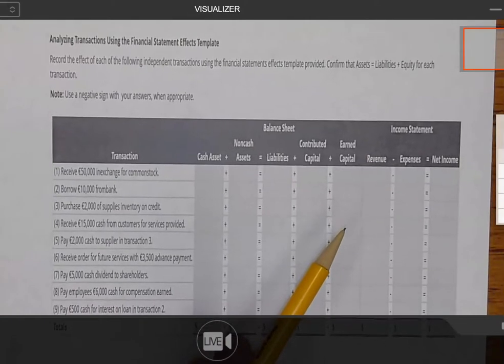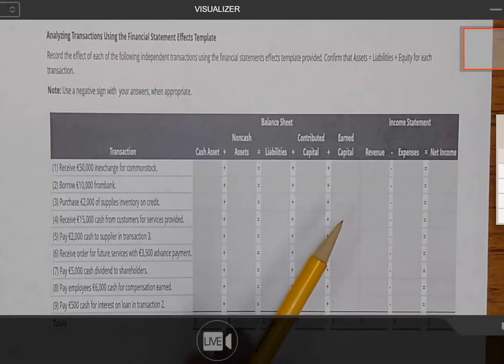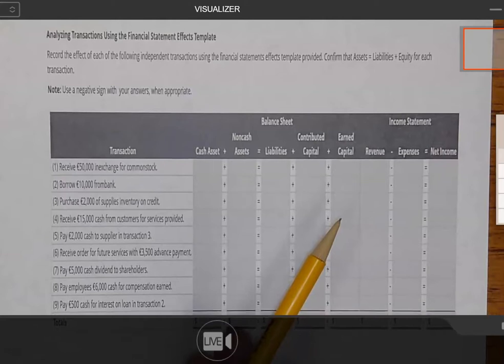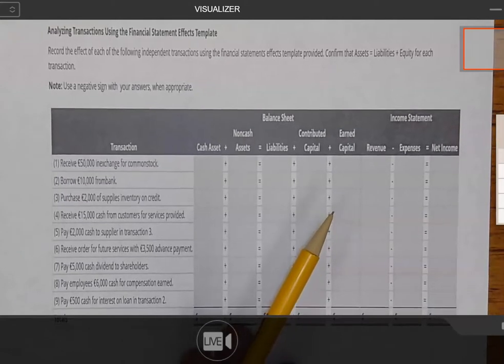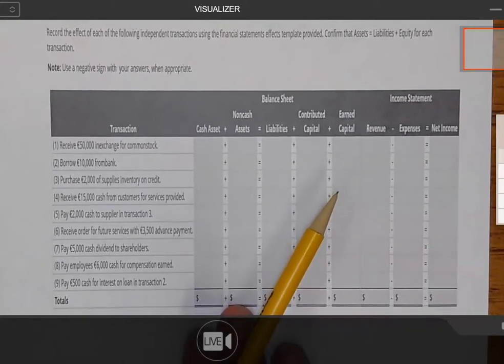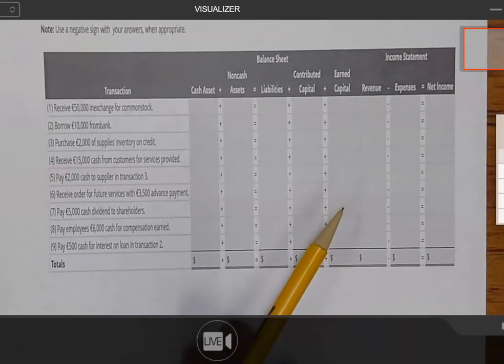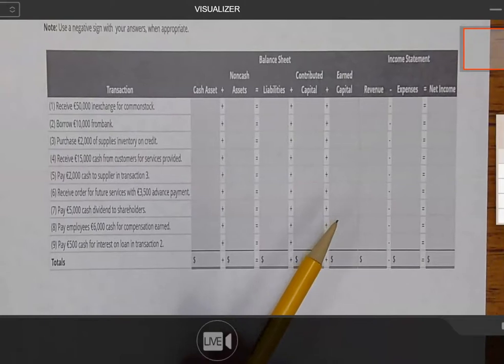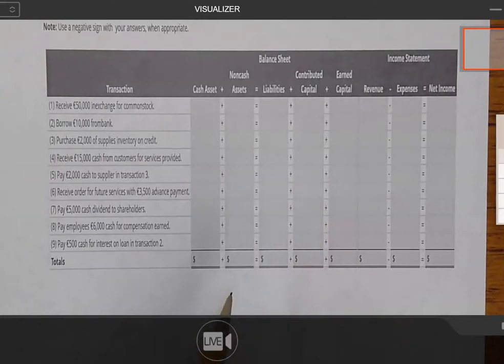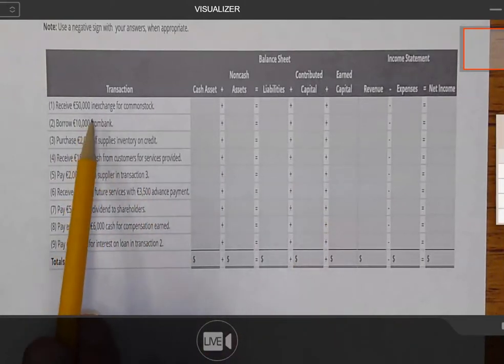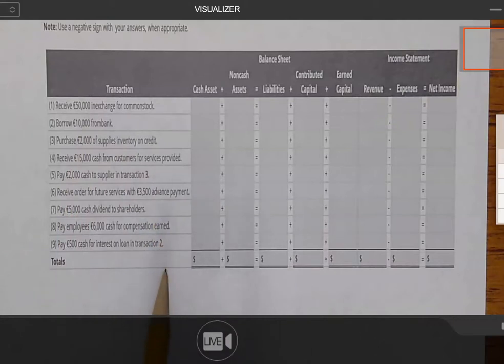So there's our scenario. We're going to record each of these independent transactions, and we'll use negative signs when appropriate. Not a real difficult exercise, but we'll look at it nonetheless. So it says the first one was to receive the 50,000 euros in exchange for common stock.